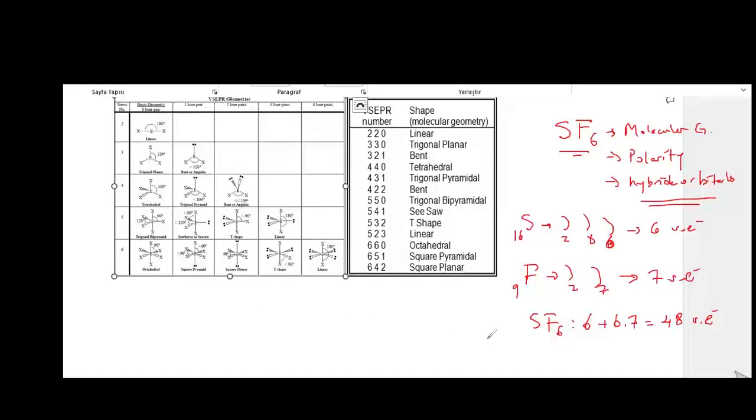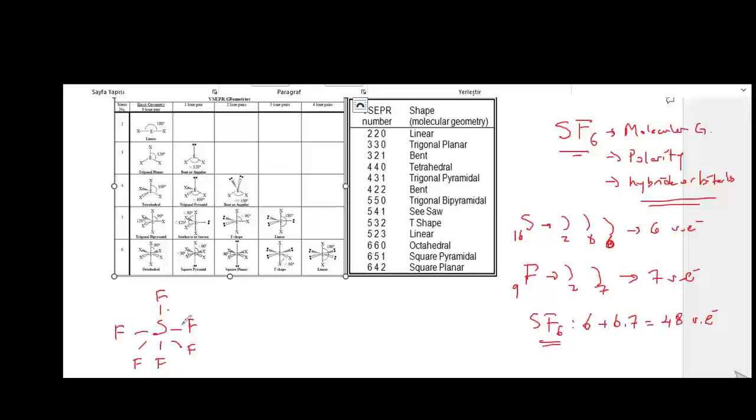Let's follow the same rule. If you look at that molecule, you are going to understand that the sulfur atom is the central atom. Then let's put single bonds to each fluorine atom like this. As you remember, each single bond has 2 valence electrons.